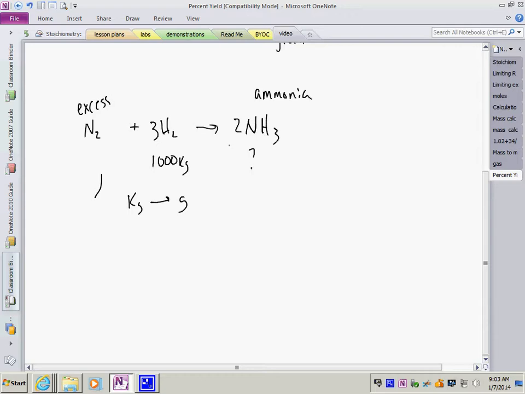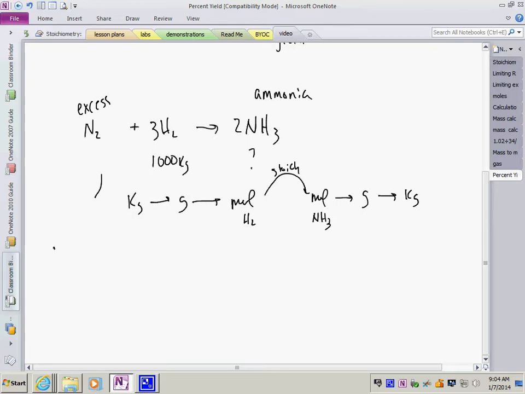I could leave it in kilograms, but in this case, flip to grams, then flip to moles of H2, use my stoich ratio to flip to moles of NH3, and then flip back to grams and then back to kilograms. That's my plan. This is the part that actually requires a little bit of thought. The rest of it is just a matter of using proportions.